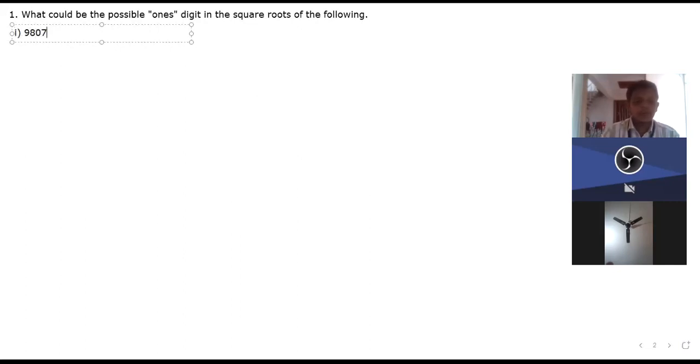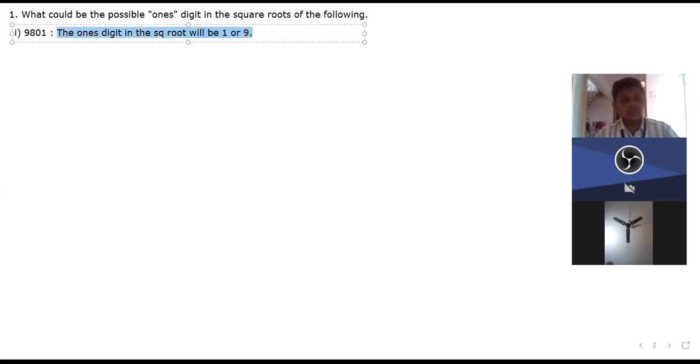Will it have a square root? Yes, sir. What could be the ones digit? 1 or 9. So the ones digit in the square root will be 1 or 9. Yes or no? Yes, sir.